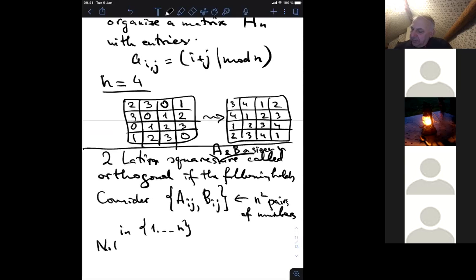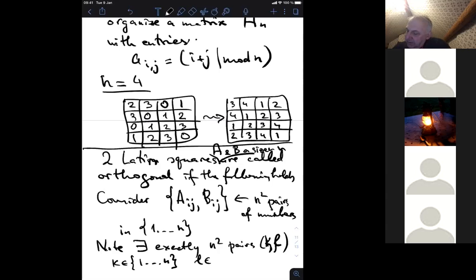Note that there exist exactly n squared pairs kl, where k is from 1 to n, and l is from 1 to n.